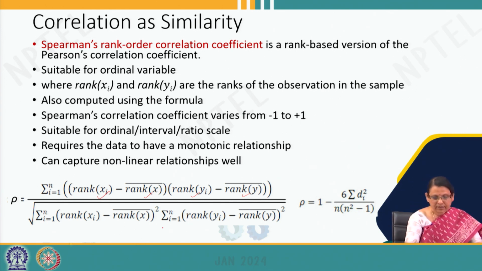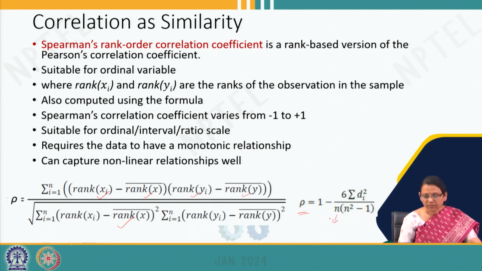Just like Pearson, here also the individual rank minus the average rank is squared for both variables and added up, then multiplied and rooted. It is also observed that Spearman's rho can be represented by another formula, where n is the number of attributes and di is the difference in rank, squared.